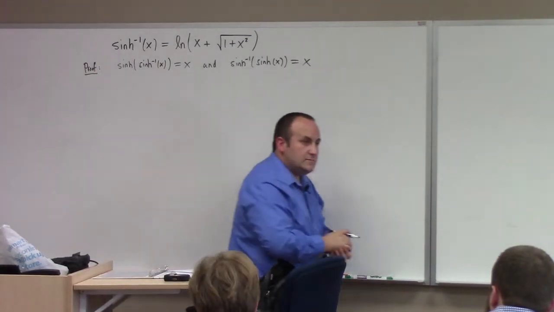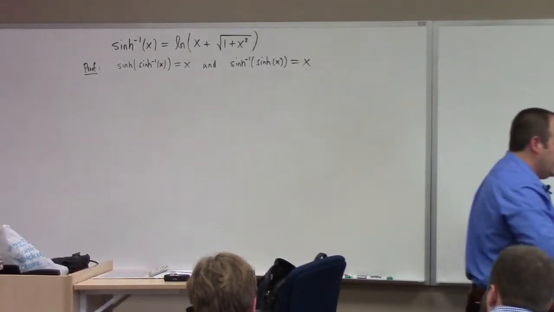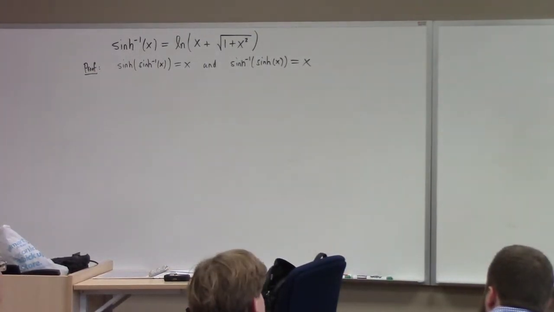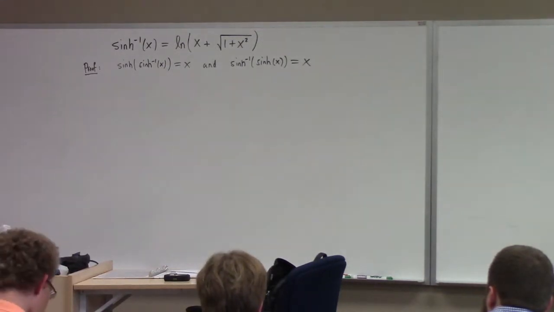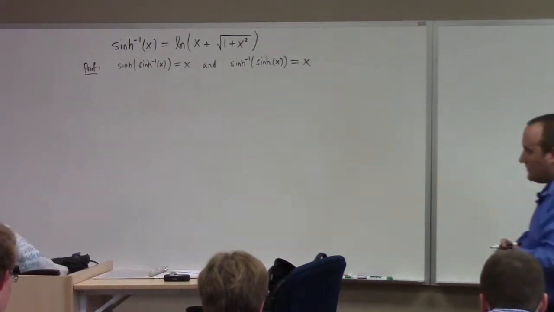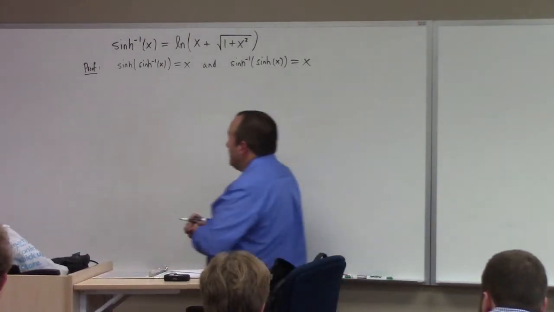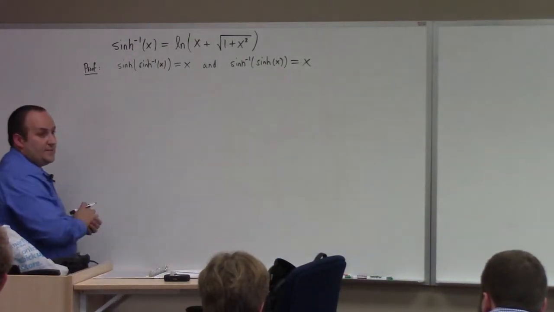And he's not wrong. Not wrong. But there's a giant question just sitting there waiting to be answered, which is, where did the formula come from? Why natural log of x plus the square root of 1 plus x squared? And he doesn't give you any indication, as far as I could tell in the book, why that's true. And I think it's something that is good for us to talk about and work out.